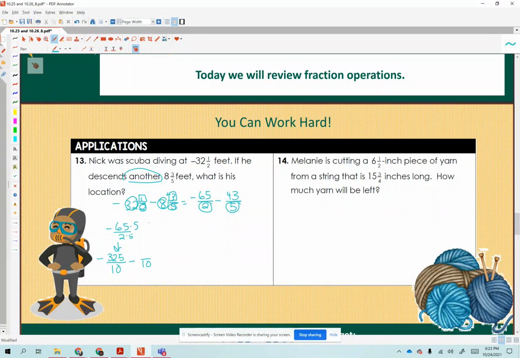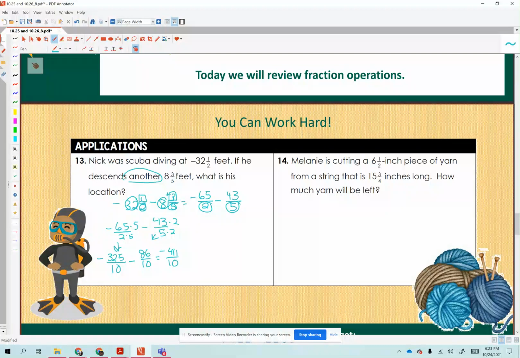Let's take that 43 over 5. Okay, we know that 5 times 2 is 10. 43 times 2 is 86. So now we have a denominator of 10, and we just have to add the 325 and the 86 and give them the negative sign, which would give us negative 411 over 10.